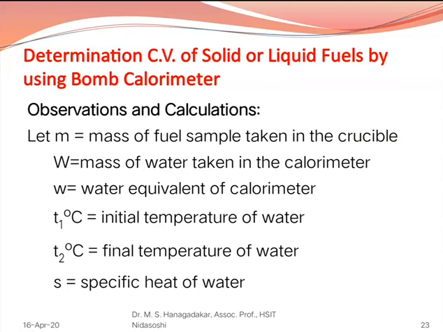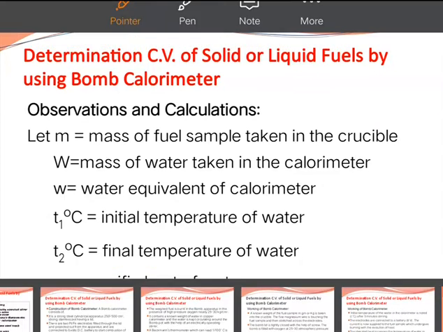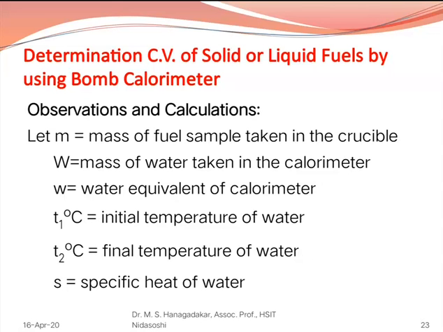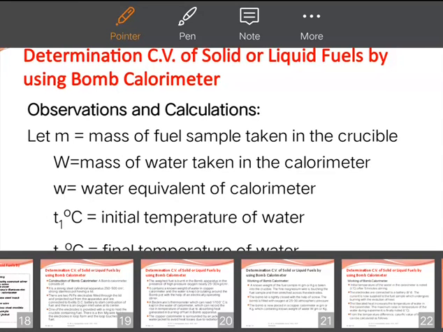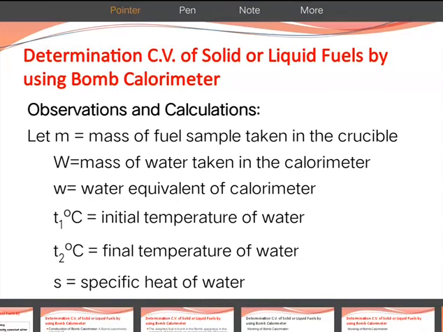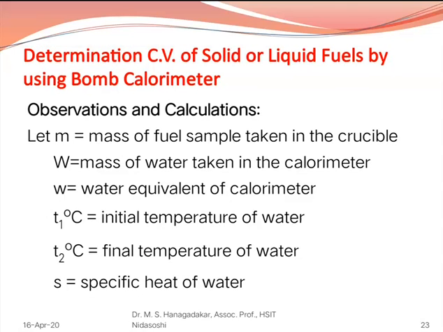Let us see the observations and calculations after the experimental performance. Let m be the mass of the fuel sample taken, capital W the mass of water taken, and small w the water equivalent of the calorimeter, which means the weight of the empty copper calorimeter.